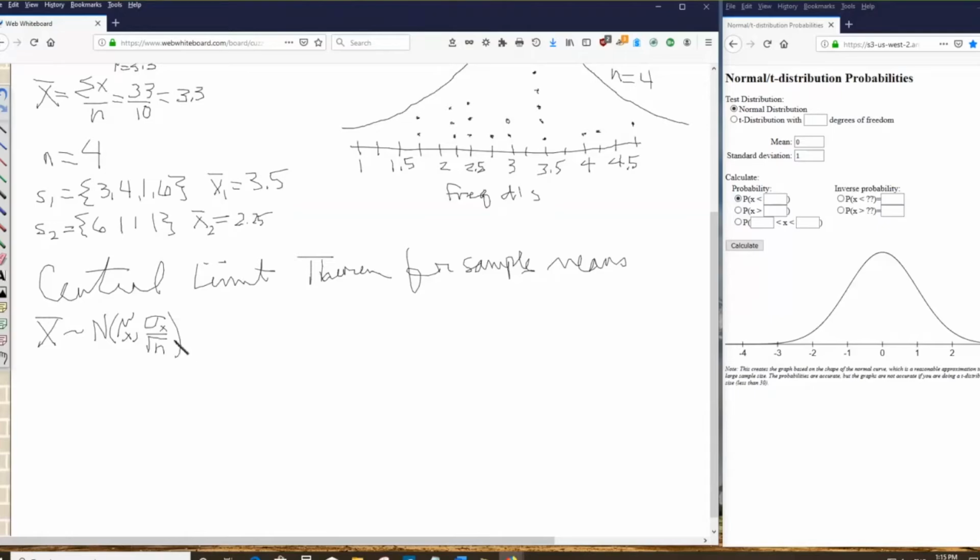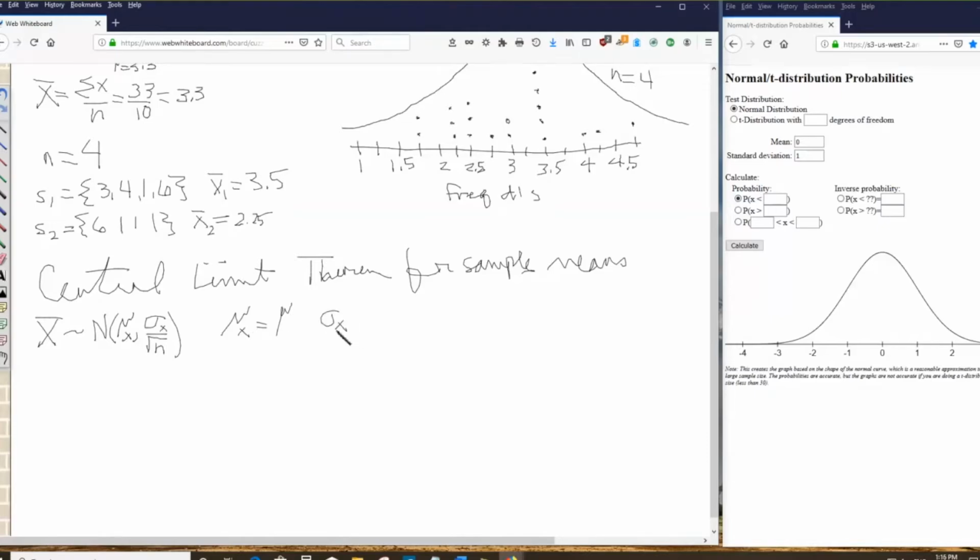Okay, so your mu of x is going to be the same mean as your original distribution. Those stay the same.